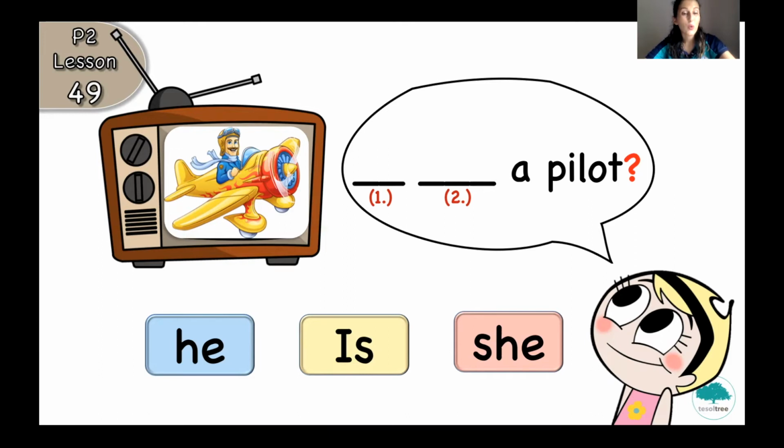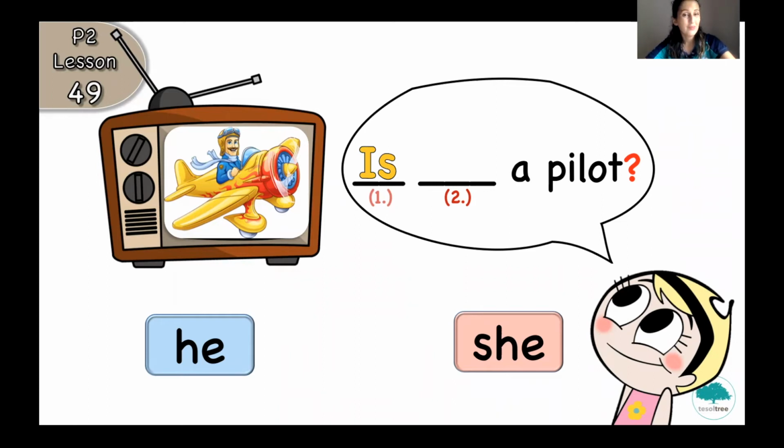Let's read what we have. He, is, or she. So what is going to be first? Do you remember? I will help you. Is. Is will be the first word of the question.